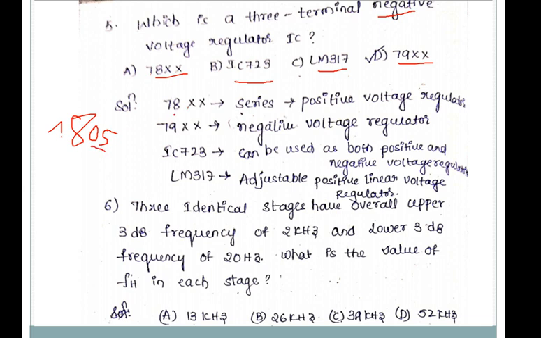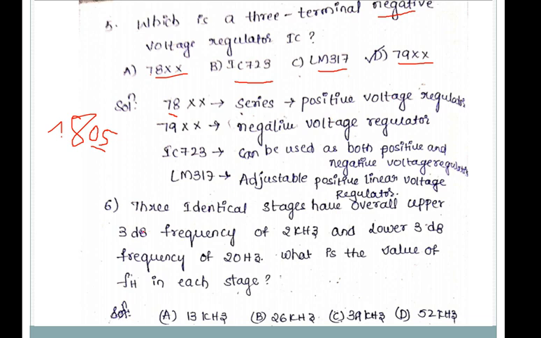If it is 7812, then it is a positive 12 volt IC. If it is 7905, that is a negative 5 volt IC. So the XX indicates the voltage value, and the 78 or 79 indicates positive or negative voltage. So the answer is the 79 series IC.